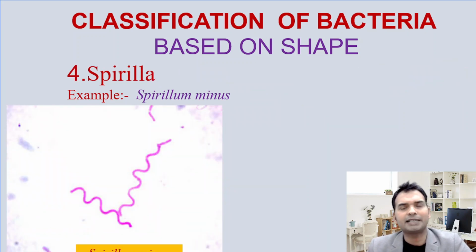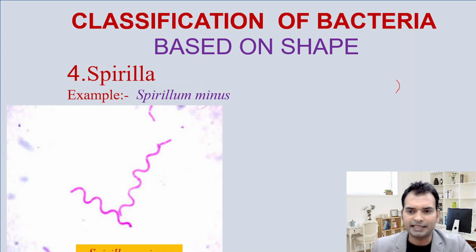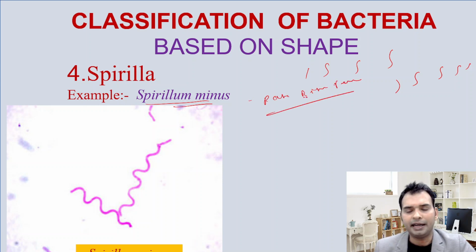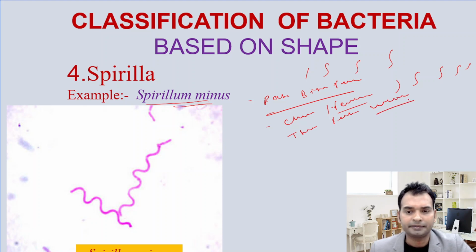Next, Spirilla are spiral in shape. Here I have taken the example Spirillum minus, and this produces rat bite fever, and chills and fever occur. It spreads through rat urine, and they are gram-negative bacteria.